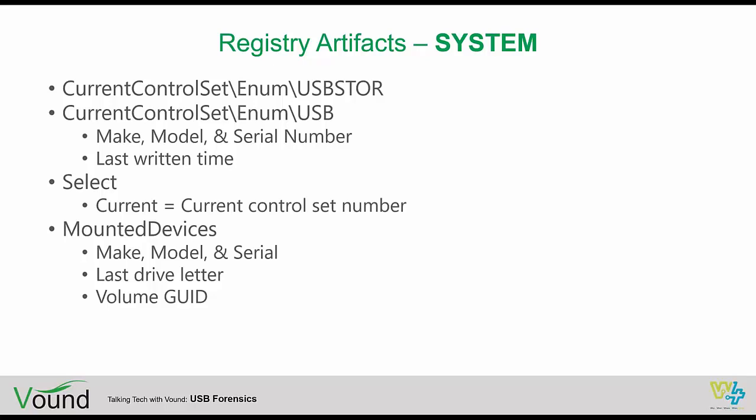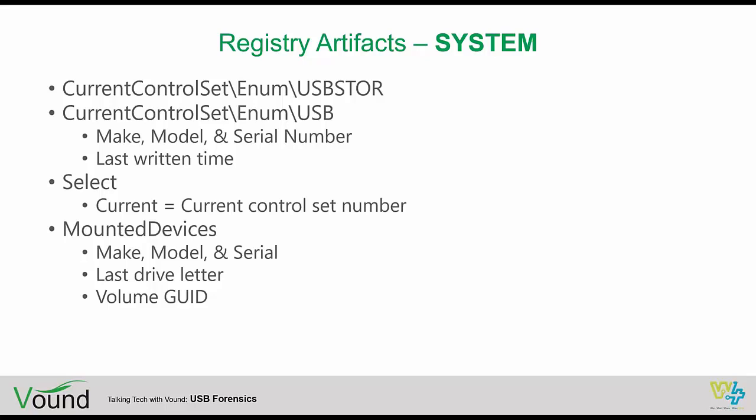So if instead of current control set, you're seeing control set 1, control set 2, control set 3, etc., you'll have to determine what is the active control set. And you can do that by checking the select key, and you can determine which control set you should be focused on and which was the one that was active when the machine was running. And then you can basically just determine that you're not just looking at the backup.